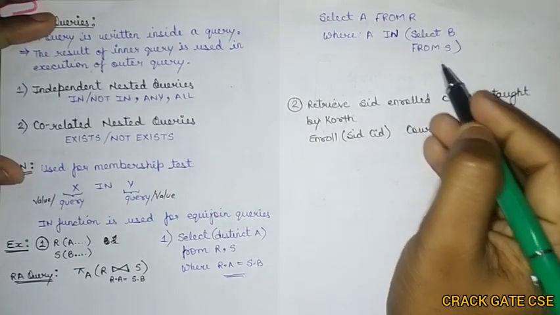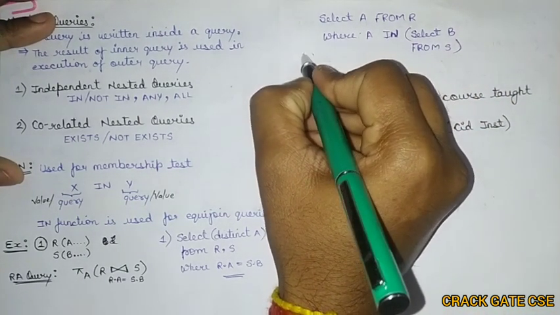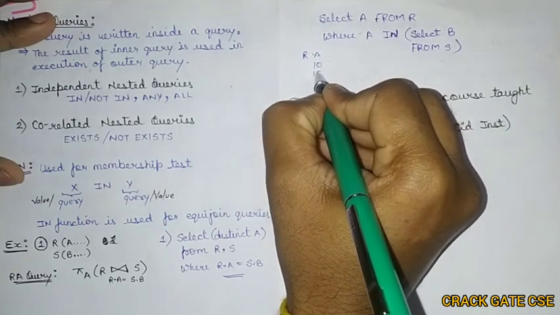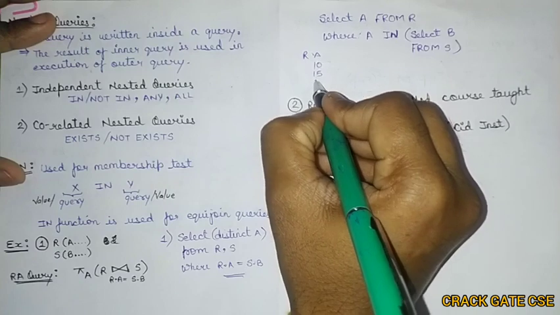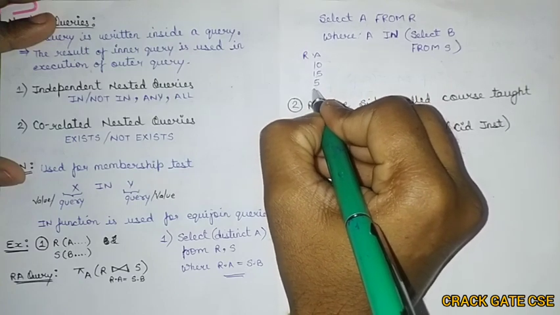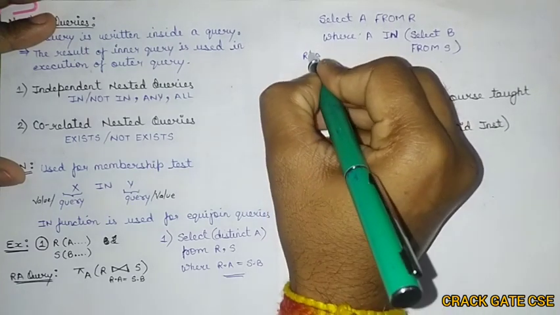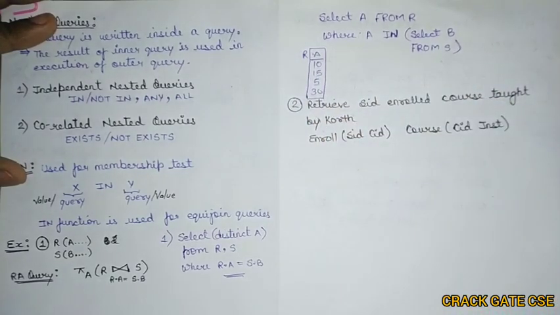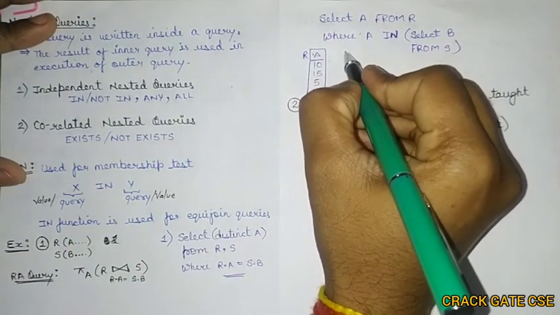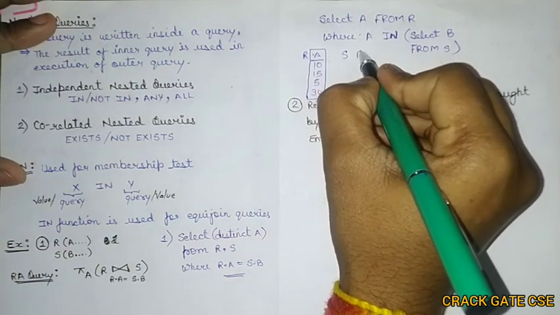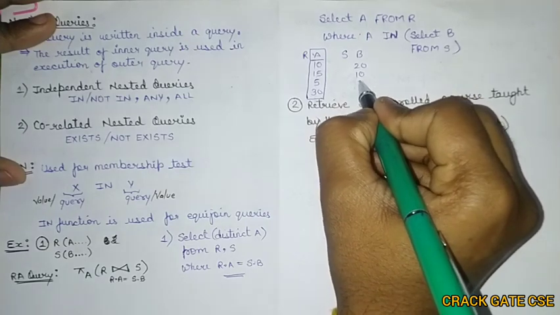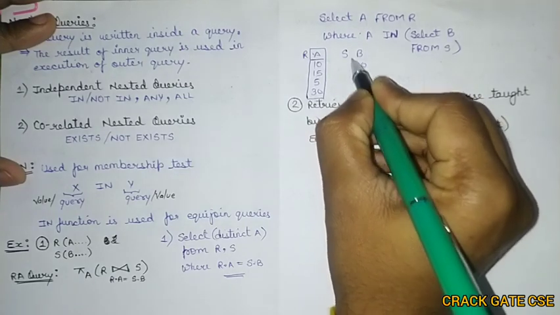So let's say R has values of A as 10, 15, 5 and 30. So this is the R table I have. Now let me take an S table with attribute B and the values 20, 10, 5, 25.